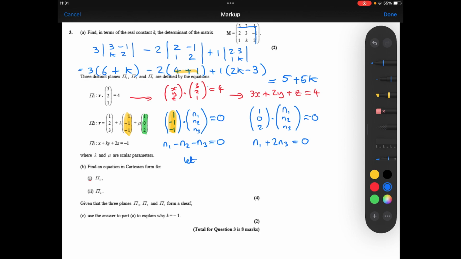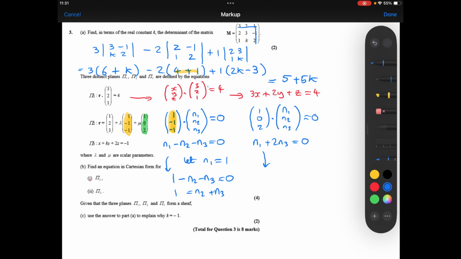Right, I am now going to say let n1 equals 1. And let's work out what the other n2 and n3 would have to be. So according to the first equation, we'll have 1 minus n2 minus n3 is equal to 0, or just 1 is equal to n2 plus n3.